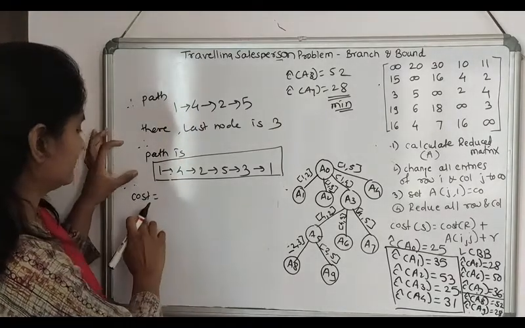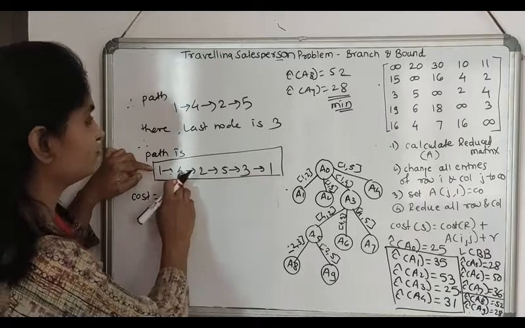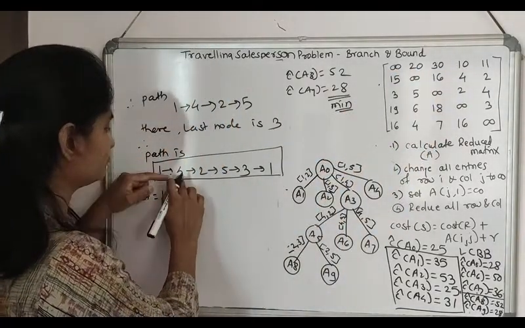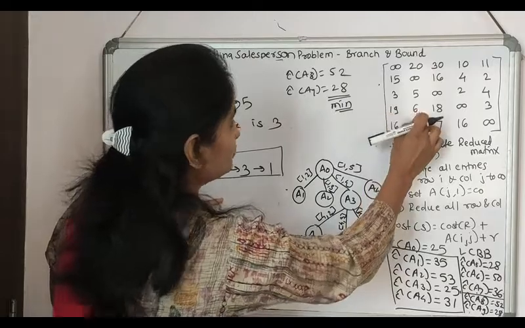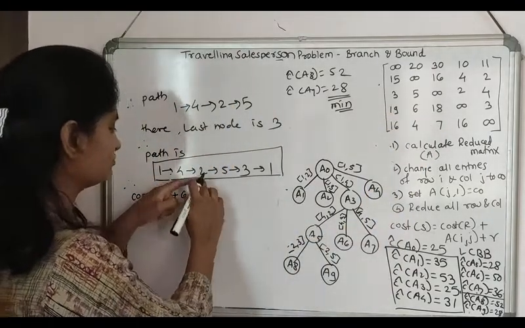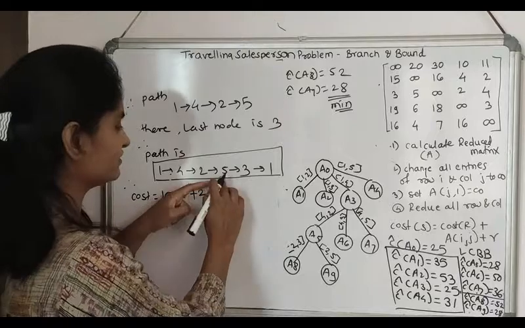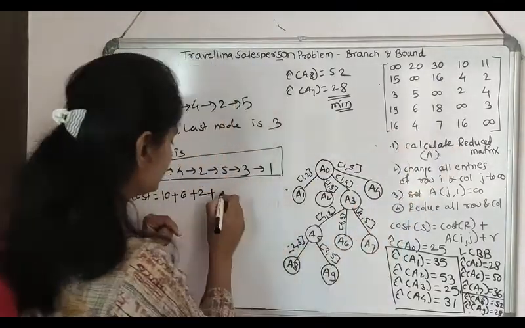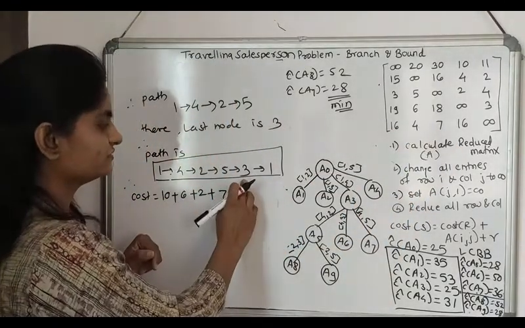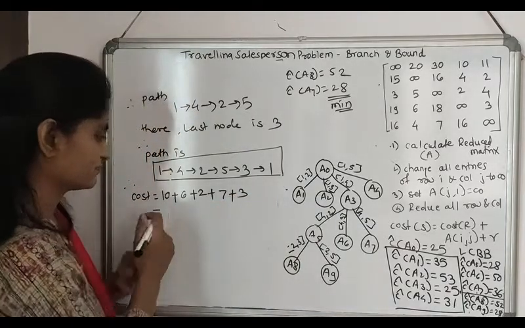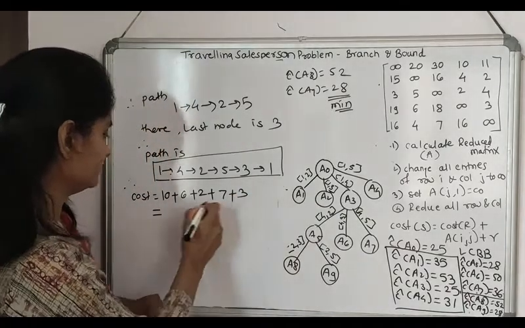The cost of this path is 1 to 4, that is 10, plus 4 to 2, 6, plus 2 to 5, 2, plus 5 to 3, 7, plus 3 to 1, that is 3, which is equal to 28.